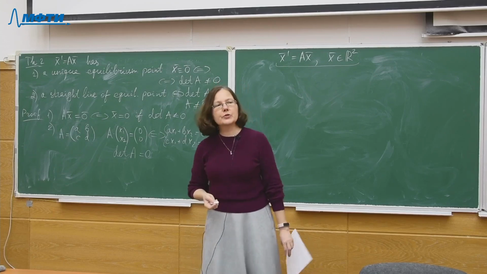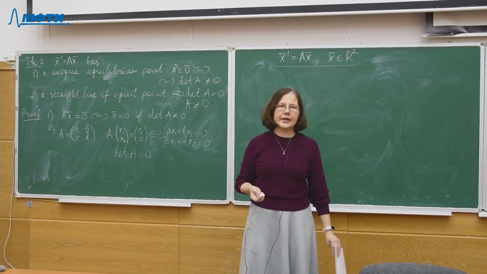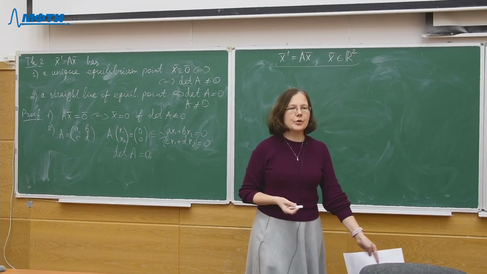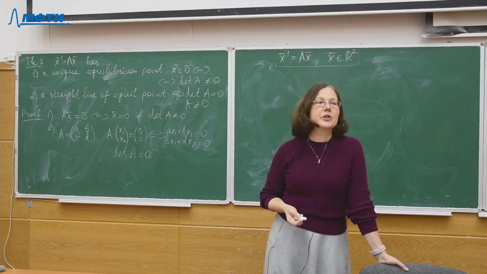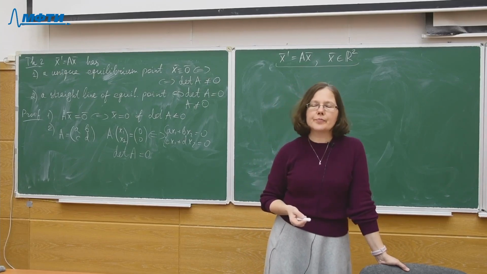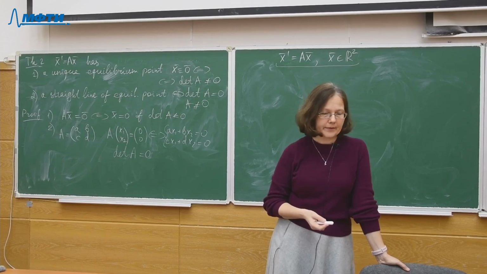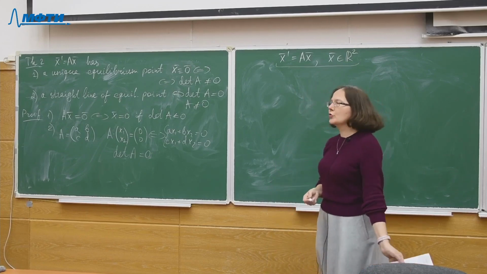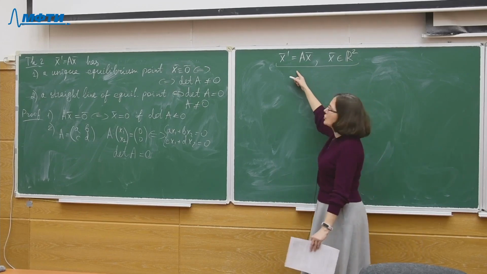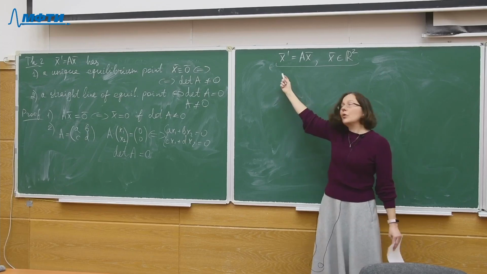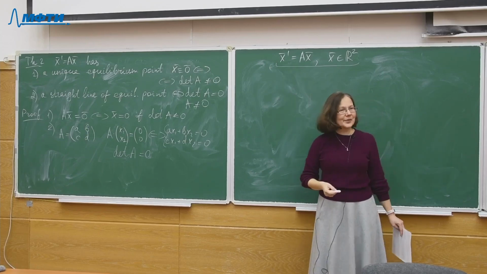We will try to classify phase diagrams according to the geometrical pattern, according to the nature of the eigenvalues of the matrix A. I'd like to recall how to solve this linear system.